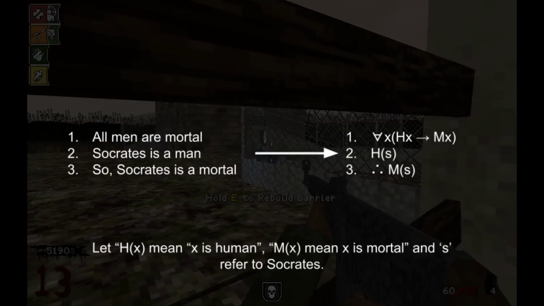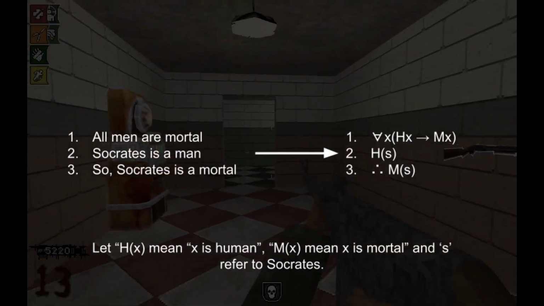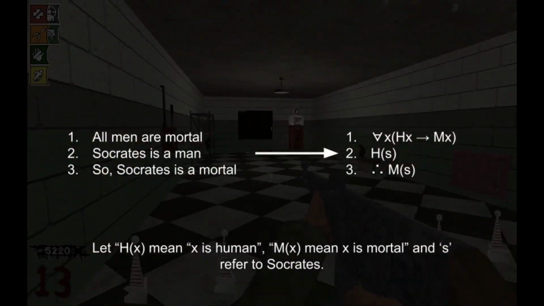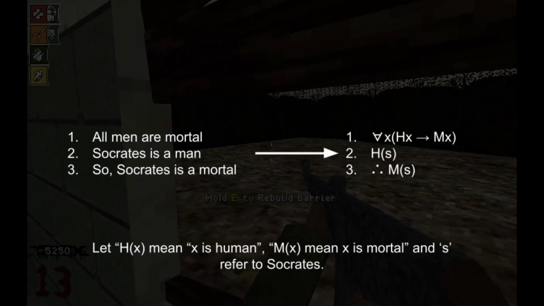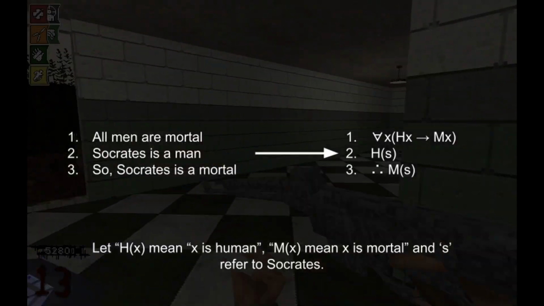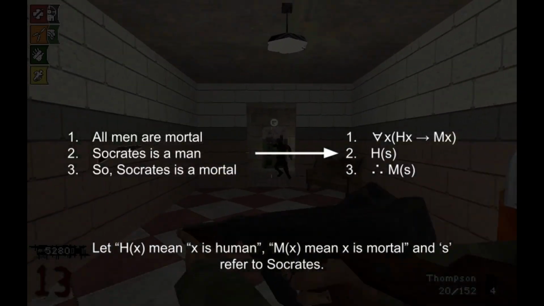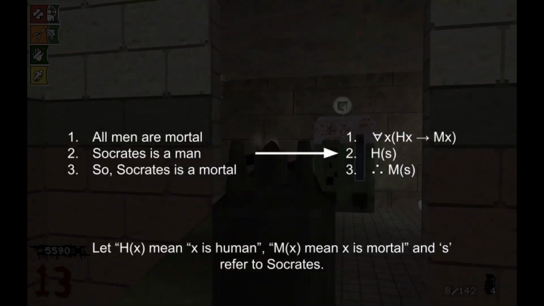So we can now formalize all men are mortal into the first statement on the right. Then we can take the second statement and say that just means S is H, which we've represented on the right. And then we can take the conclusion and just say S is M. So here we've in a way formalized the first argument that I've given.